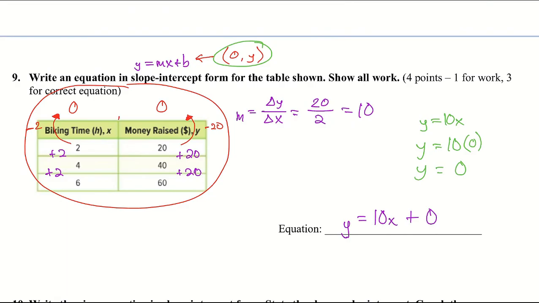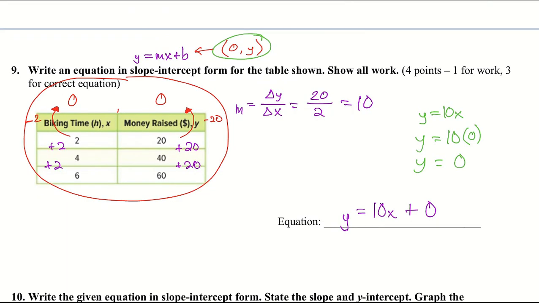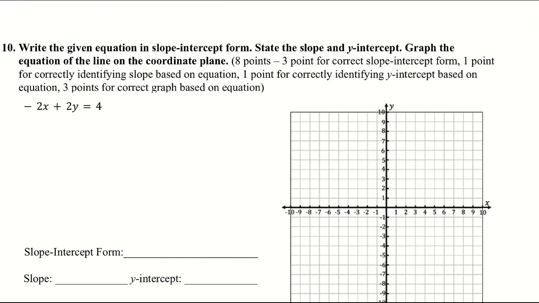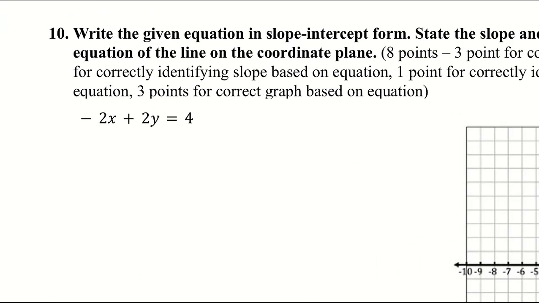All right. So there's that, and we have one question left, and that's this. And you guys love these types of questions. Okay. So we need to write this thing in slope-intercept form. We need to identify the slope, the y-intercept, and then graph all this stuff. This is where we are going to solve for y on this problem.